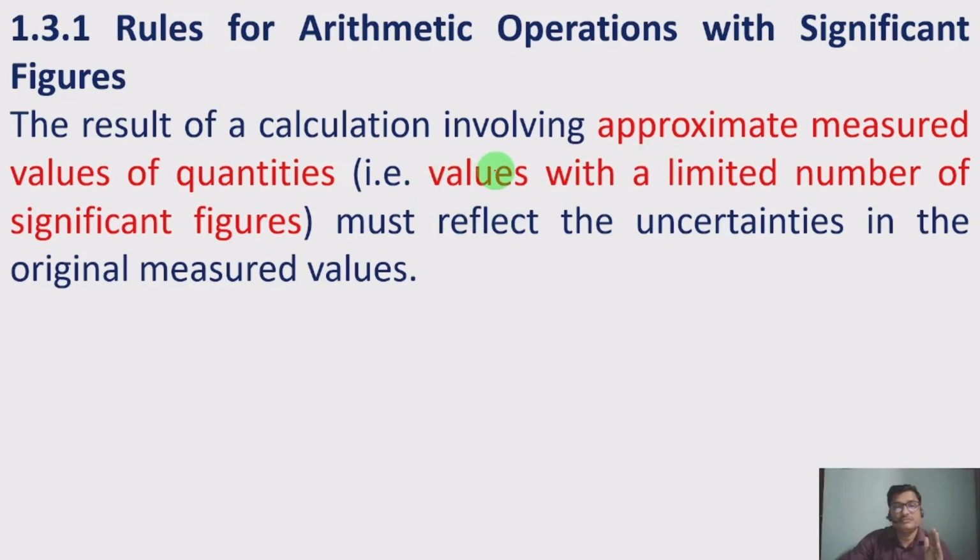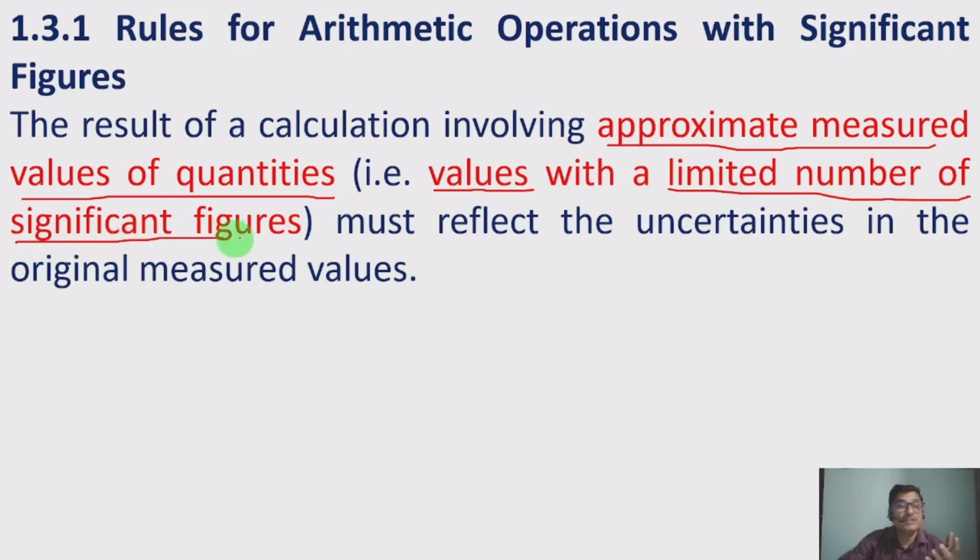The result of a calculation, that is an arithmetic operation, involving approximate measured values of quantities, will have a limited number of significant figures, and must reflect the uncertainties, that is the errors, in the original measured values.